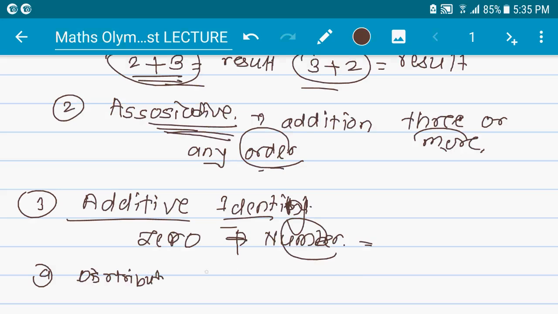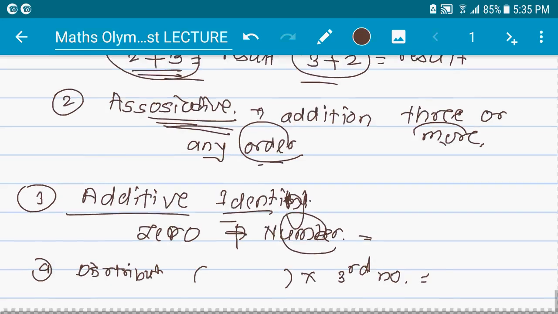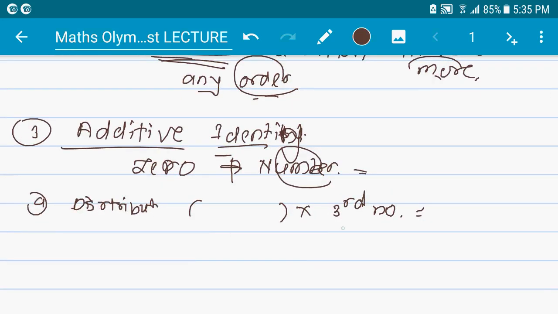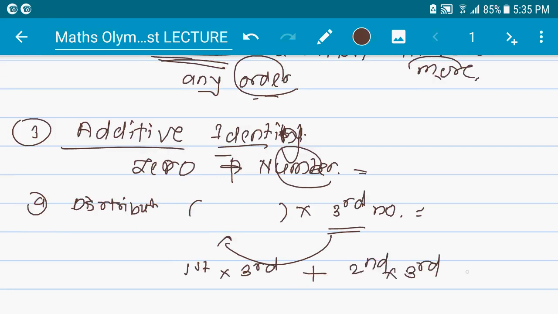This tells us if two numbers are added and it is multiplied by a third number, then whatever result we get is the same as if we multiply this third number with the first number and with the second number and add the products of both of them.